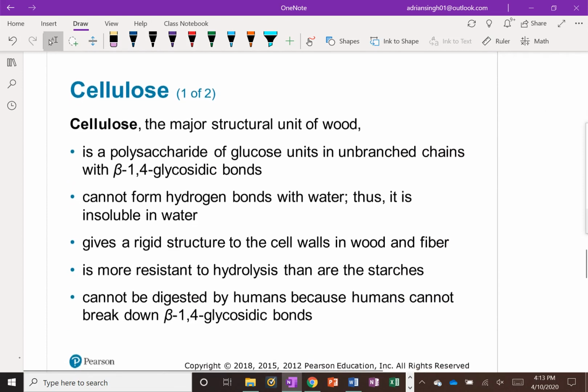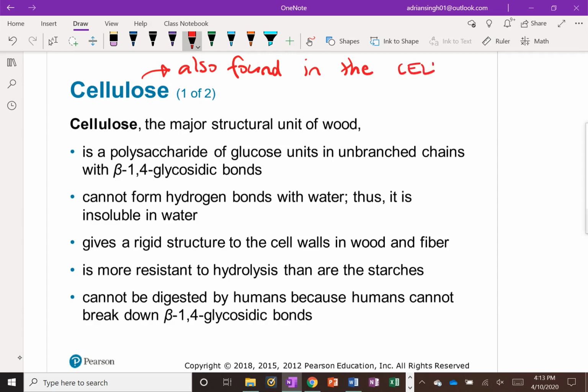Cellulose is the last polysaccharide that we'll take a look at. Cellulose is found very commonly in wood and also in the cell walls of plant cells. Okay, regular human cells don't have cell walls.